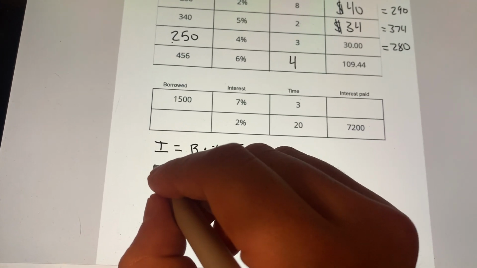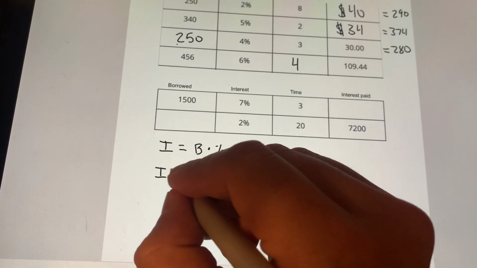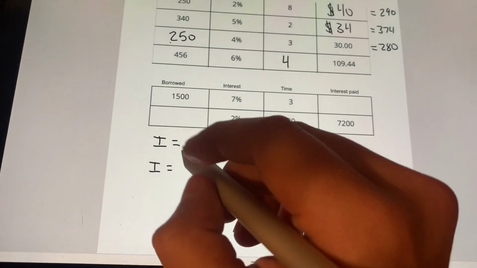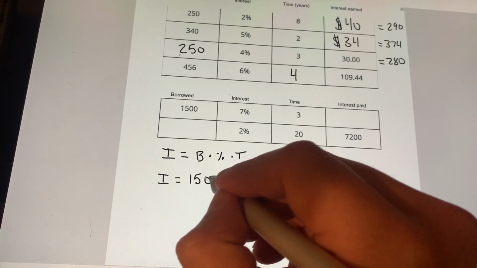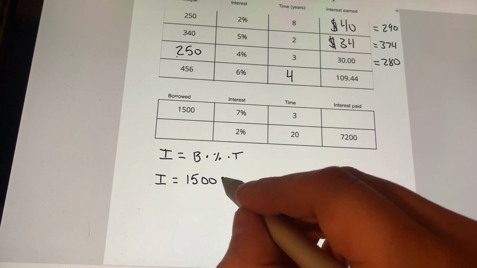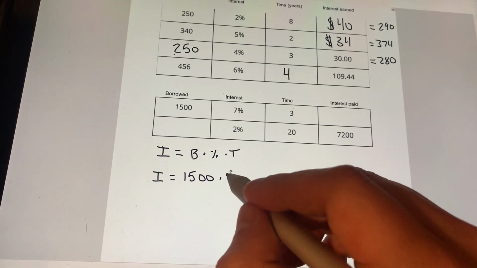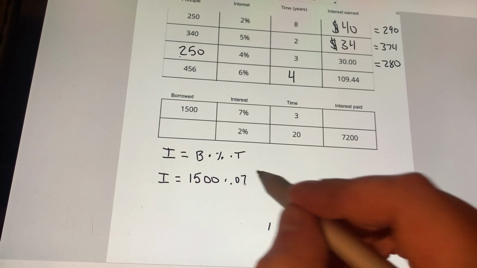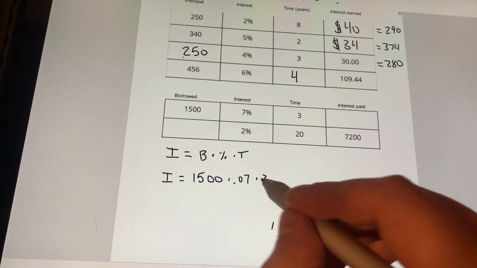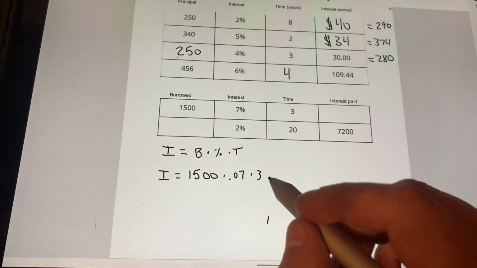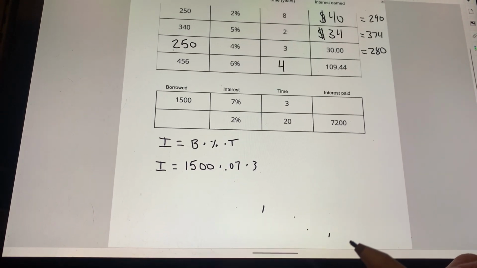So now I don't know how much interest I'm going to be paying. So I'm going to put interest equals how much I borrowed, $1,500. Multiply that by 7% as a decimal, which is 0.07, times the term of this, which is 3 years. Okay, I can put this one in my calculator.